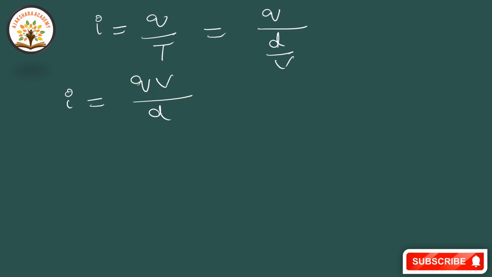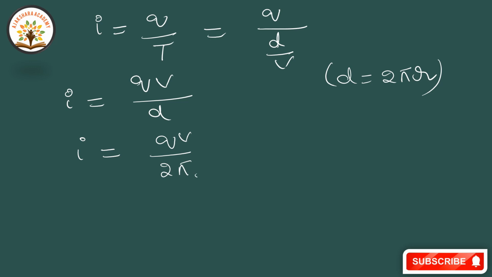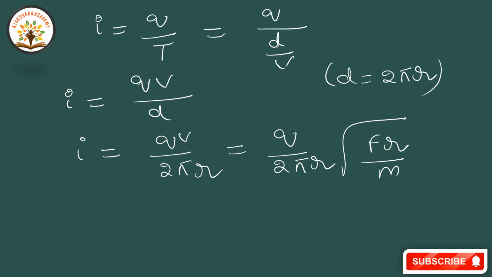Here d is equal to 2 pi r, the circumference of the circuit. So I is equal to q v by 2 pi r. This can be written as q by 2 pi r times the square root of Fr by m, where v is the square root of Fr by m.